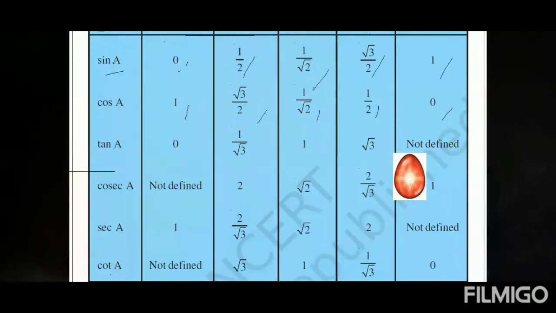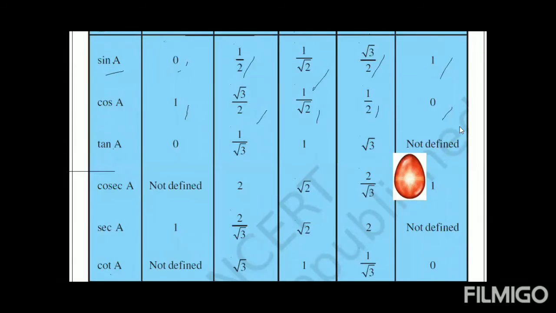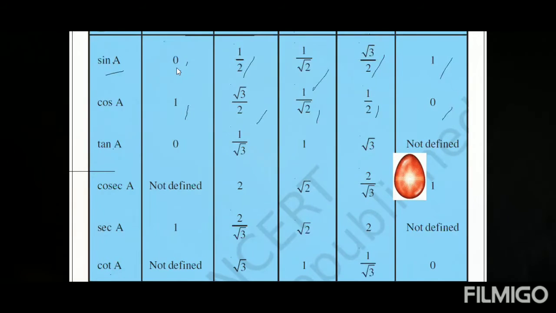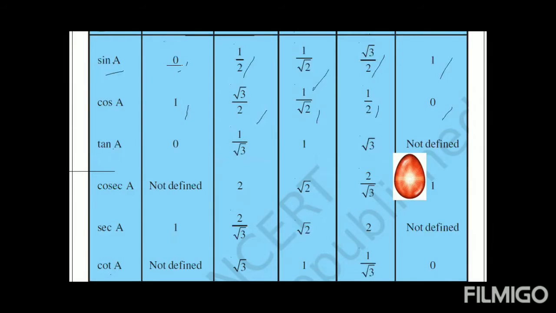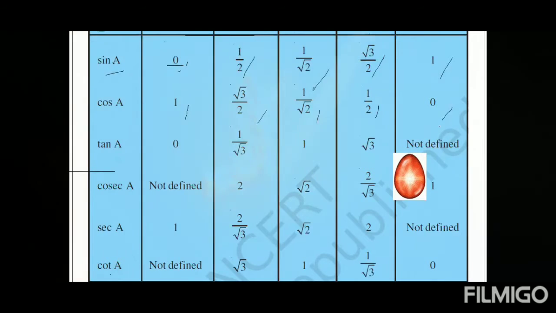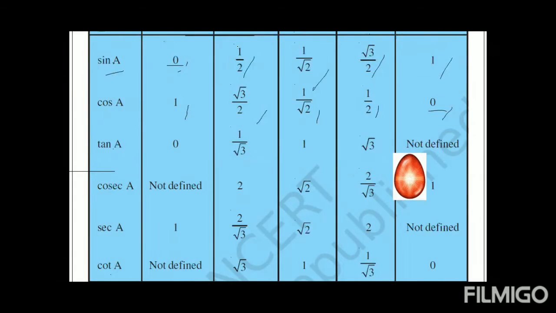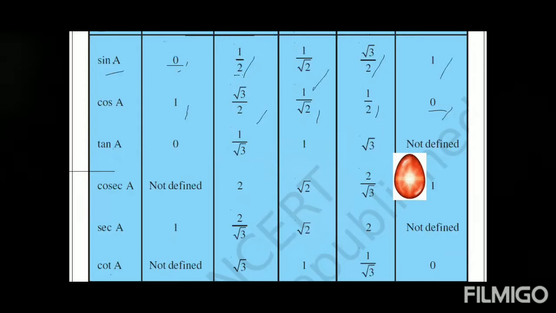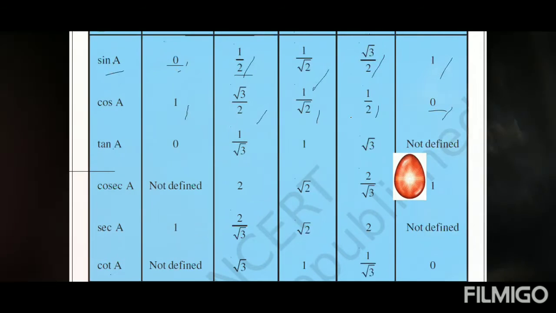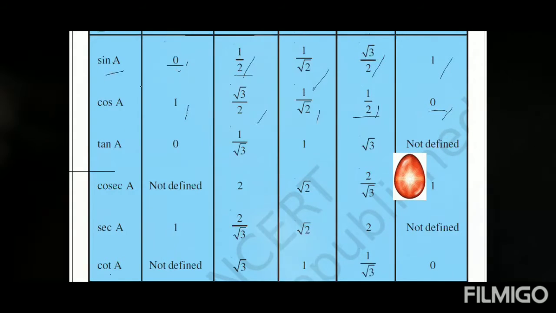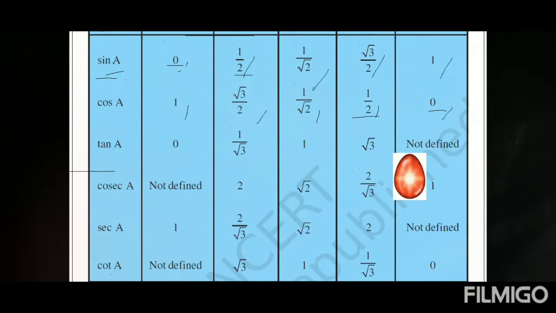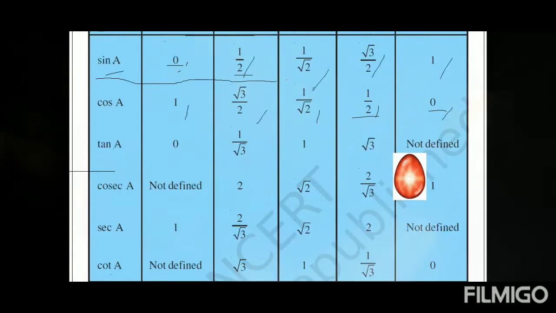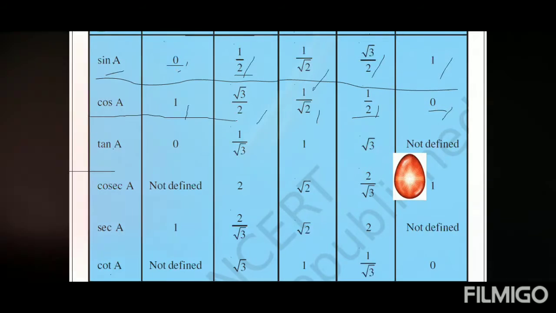Before that, I will tell one thing: sin 0 degree is 0 and cos 90 degree is 0, right? These two are similar. And sin 30 degrees is 1 by 2 and cos 45 degrees is 1 by 2. So you could find that the values of sine are the reverse of cos.